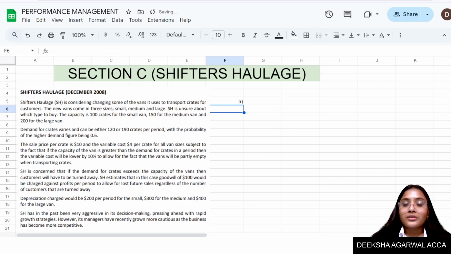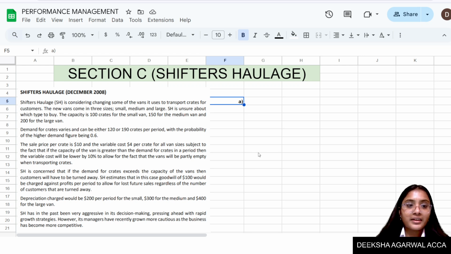So the first thing I need to know is the question, then only I can start doing it. Shifter Haulage is considering changing some of the vans it uses to transport crates for customers. The new vans come in three sizes: small, medium, and large. SH is unsure about which type to buy. The capacity is 100 crates for the small van, 150 for the medium van, and 200 for the large van.